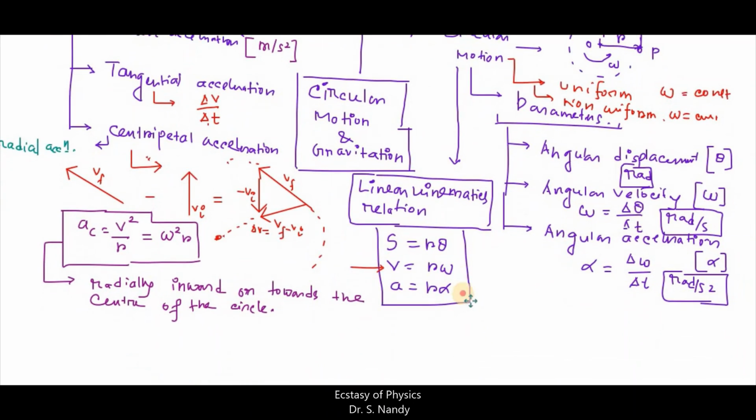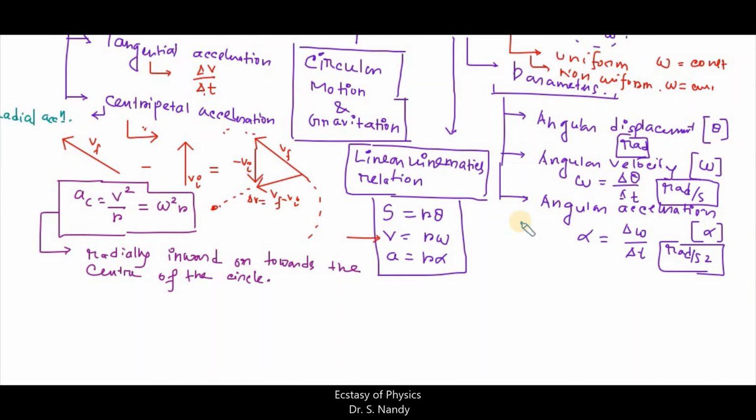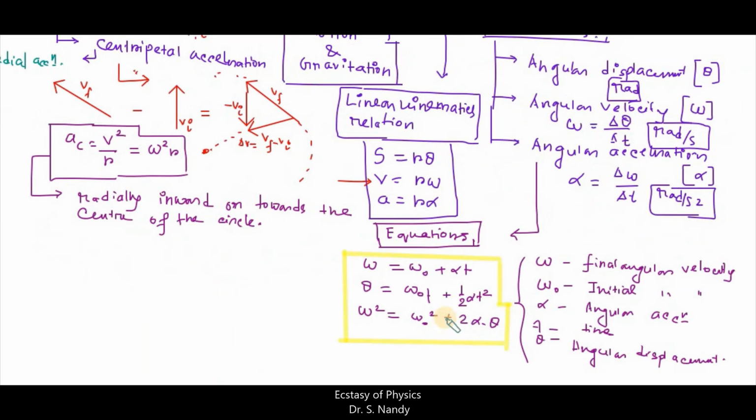And finally, in rotational mechanics, by using these parameters, we have the rotational equations. These are all the equations we have in rotational kinematics: omega equal to omega naught plus alpha into t, where omega stands for the final angular velocity, omega naught is the initial angular velocity, alpha is the angular acceleration, and t stands for time.